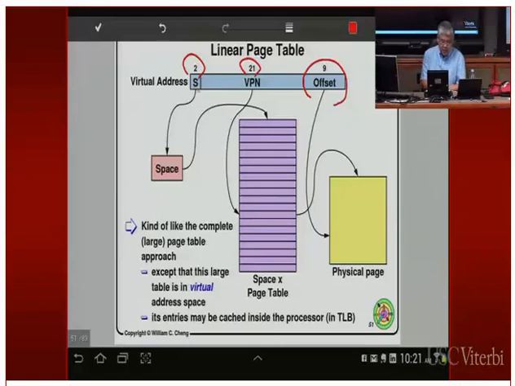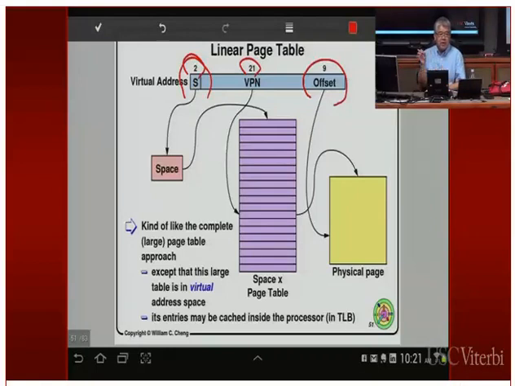So what happens in this particular scheme, called the linear page table scheme, is that the first 2 bits give you the space of where you are. It's not a segment register, but it's some sort of a space. So 2 bits give you 4 choices: 00, 01, 10, 11.